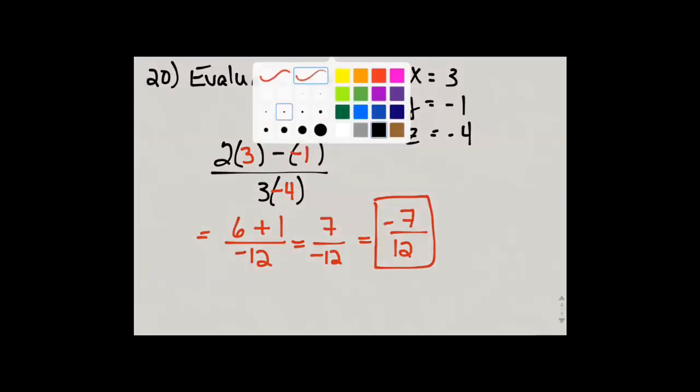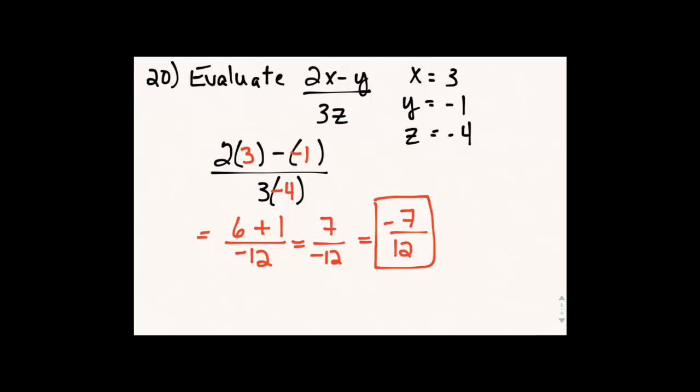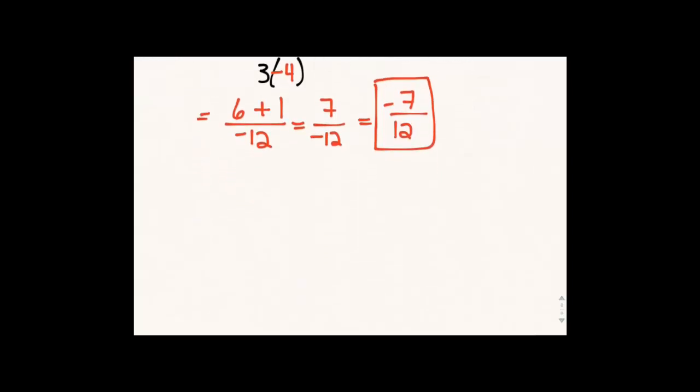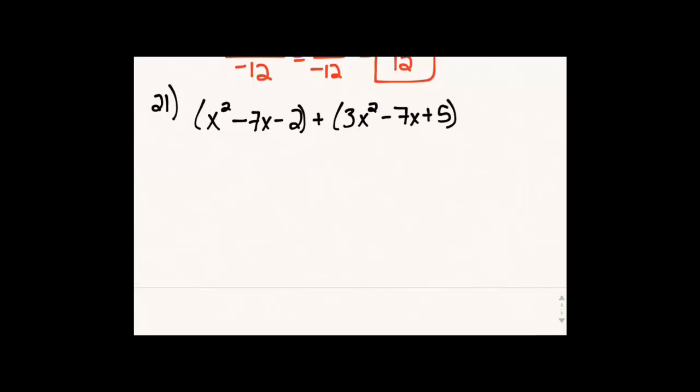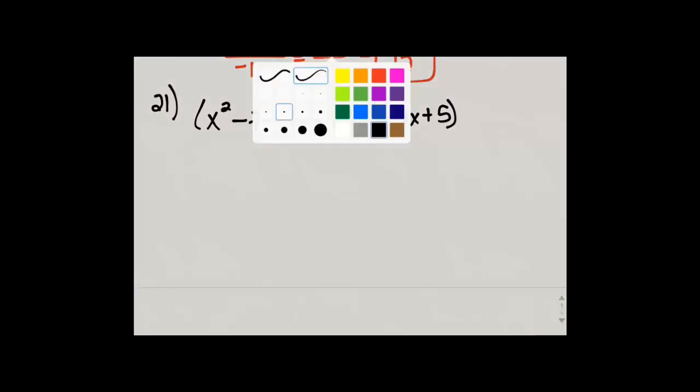Okay, let's go on to number 21. On 21, we are adding two polynomials. We have x squared minus 7x minus 2 plus 3x squared minus 7x plus 5. So we're going to combine our like terms.